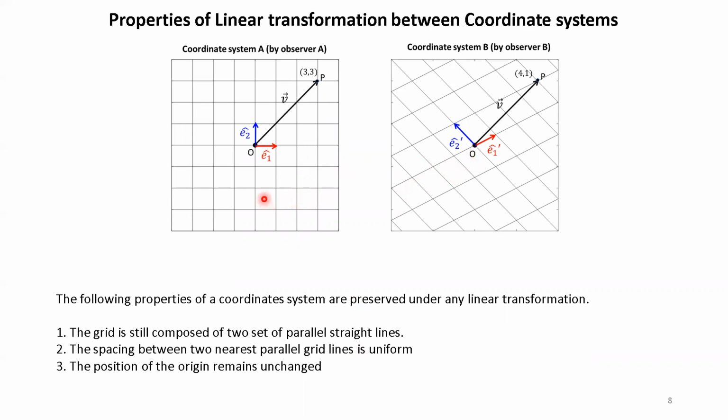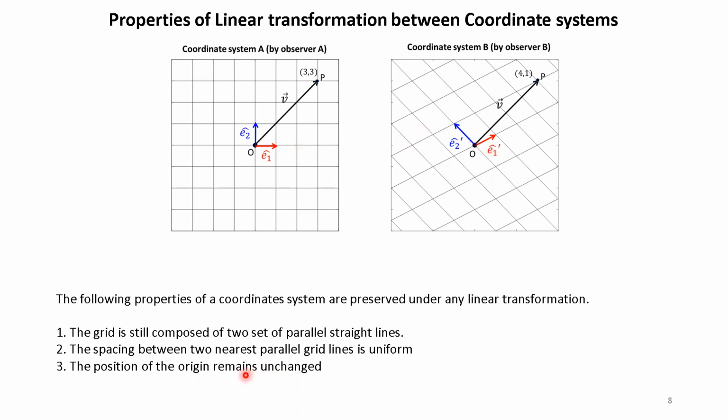The spacing between two grid lines really means you take one step along the direction of one of the basis vectors. Here you can see that this spacing equals this spacing equals this spacing, and so on. If this is a linear transformation, this is the property.